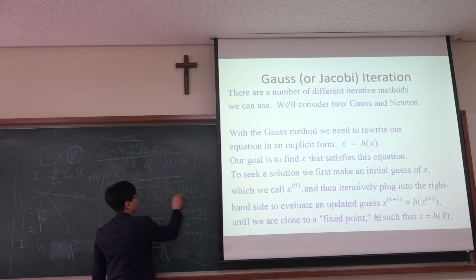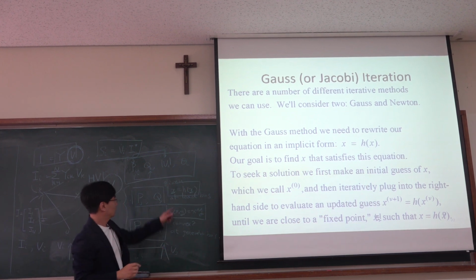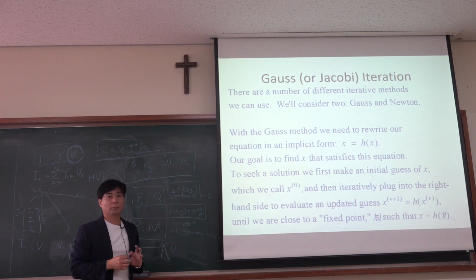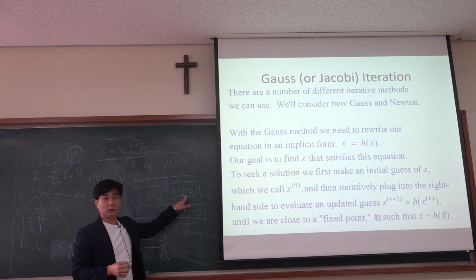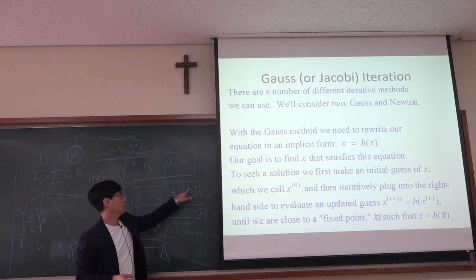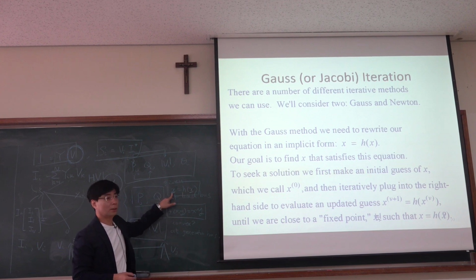Then x underbar that satisfies this equation is called a fixed point of this function h. The reason is that when x underbar is plugged into this function, it gives the same number as itself. The input and output are the same.